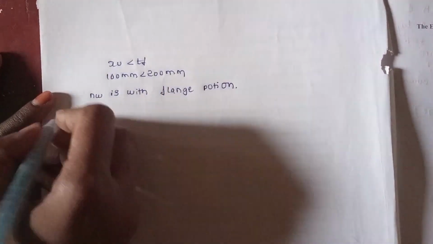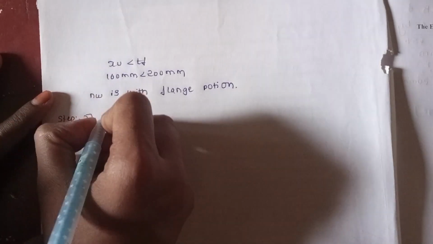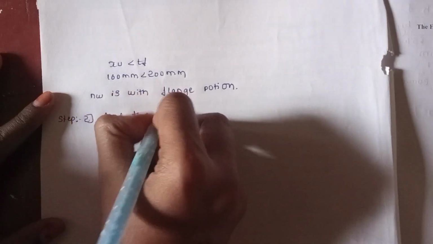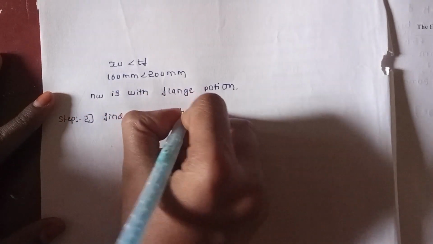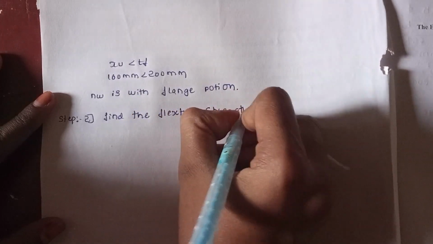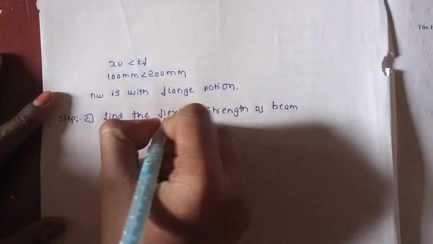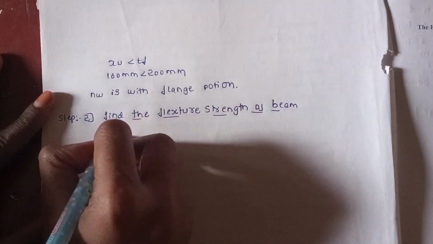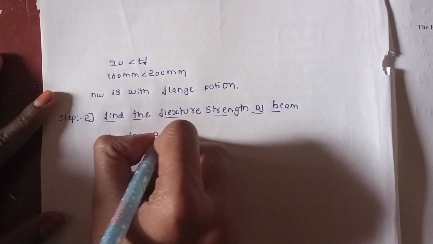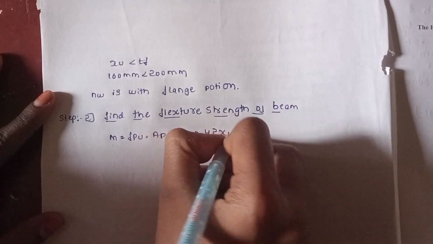Then step number 2, find the flexure strength of the beam. The formula is M equal to FPU into AP into bracket open d minus 0.42 into XU.